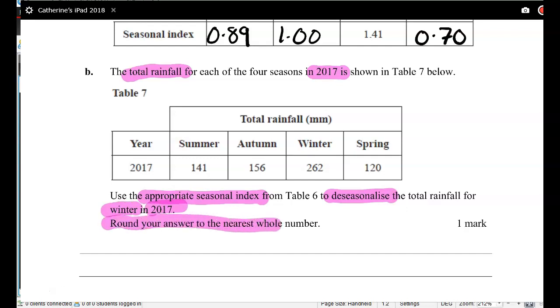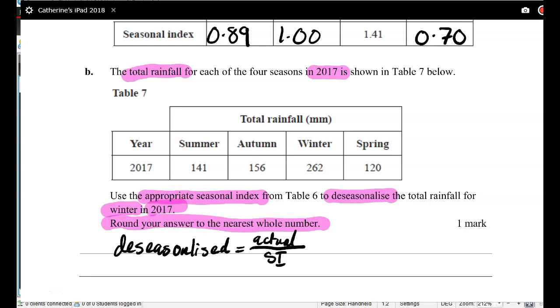Round your answer to the nearest whole number. Okay, so we remember that the deseasonalized equals actual divided by the seasonal index.